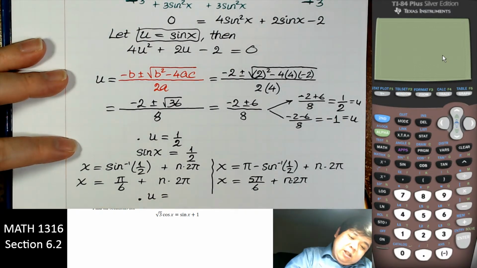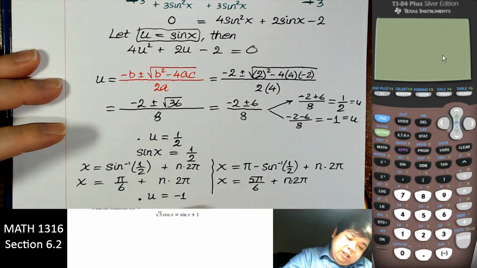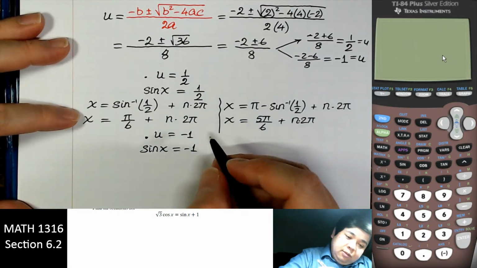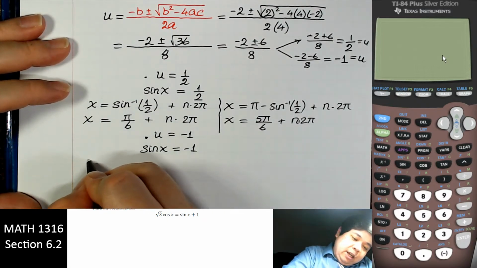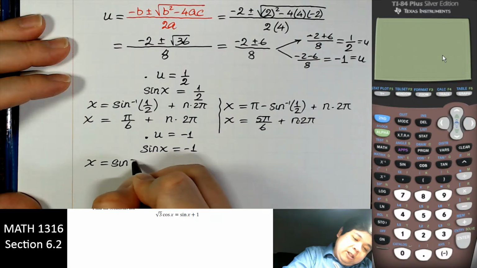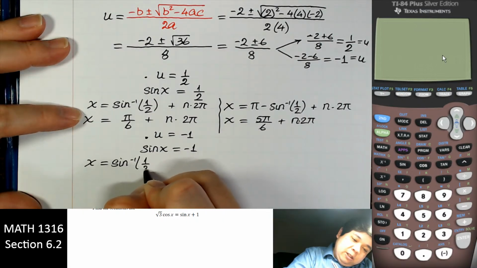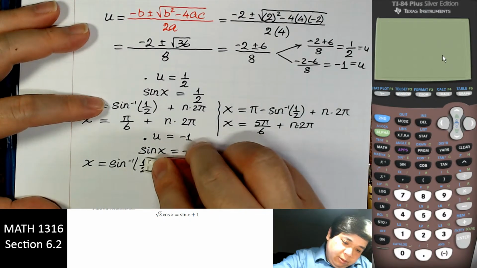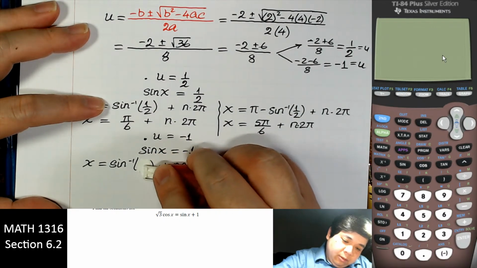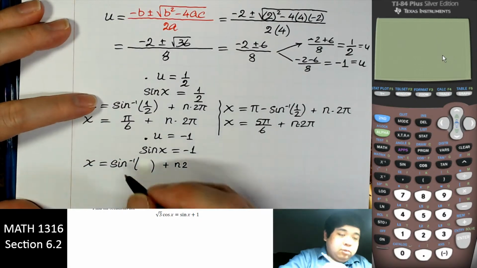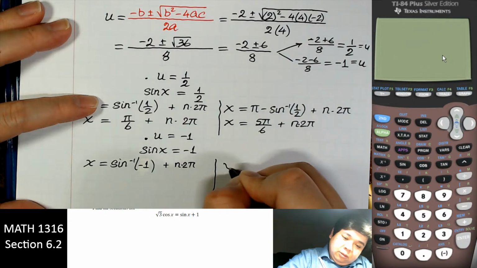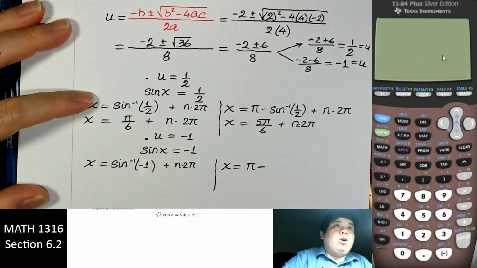Next, we have u equal to negative 1, so sine x equals negative 1. Either the inverse or the supplement.